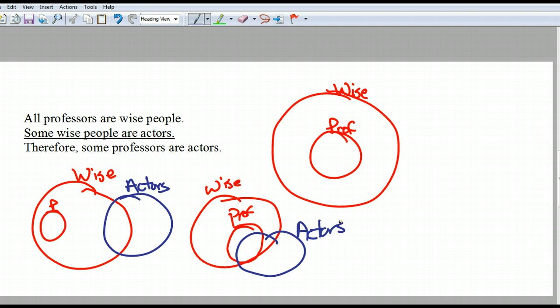I have two diagrams here. Do they both fit the therefore? No. The only one that fits the therefore is the second one. This one fits the therefore, but this one does not. So this is an invalid argument.